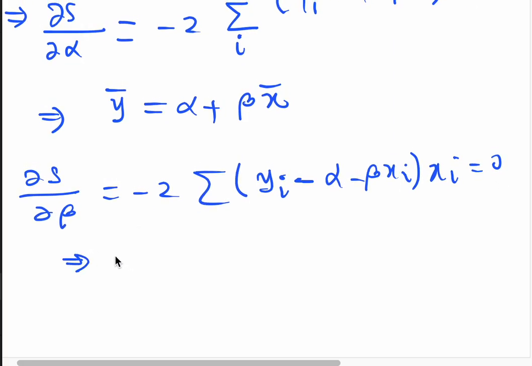So that is summation of xi yi minus alpha n x bar minus beta summation of xi square is 0. Let me write it properly.